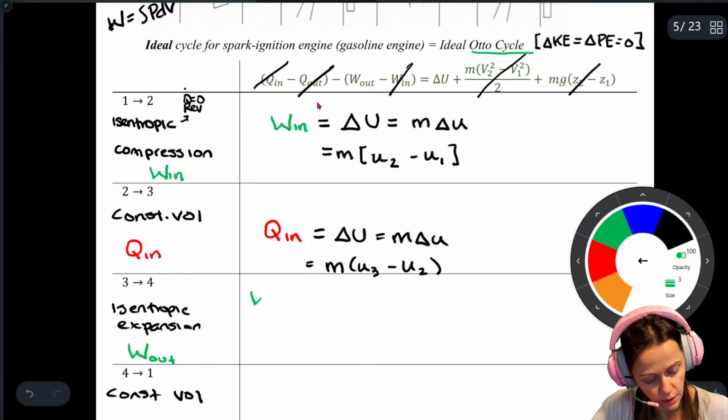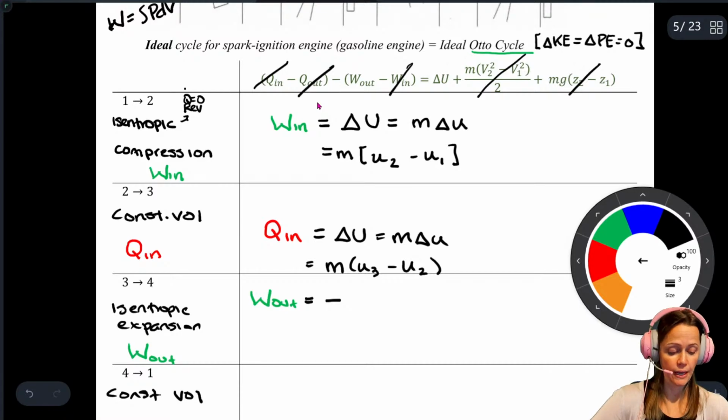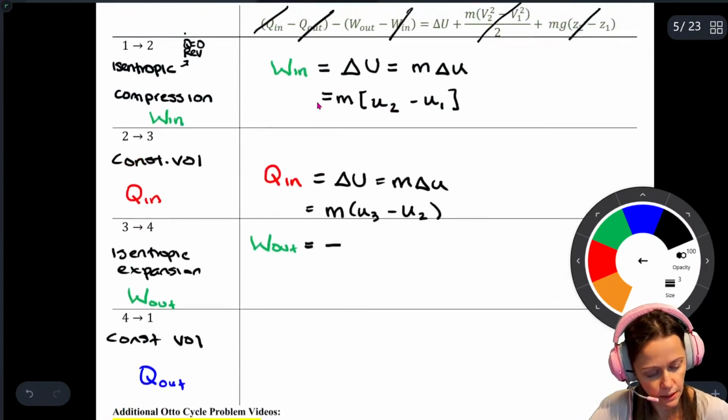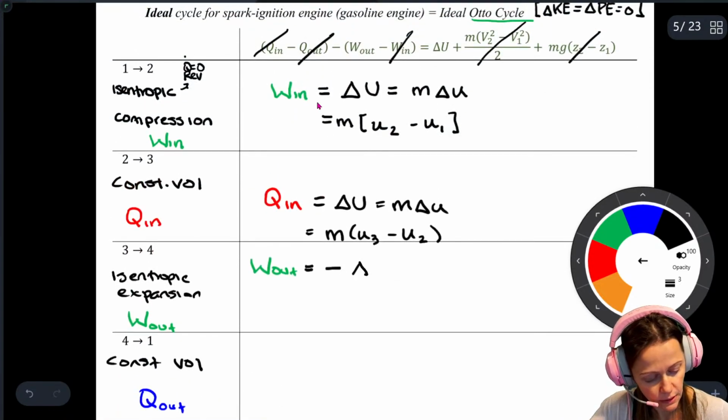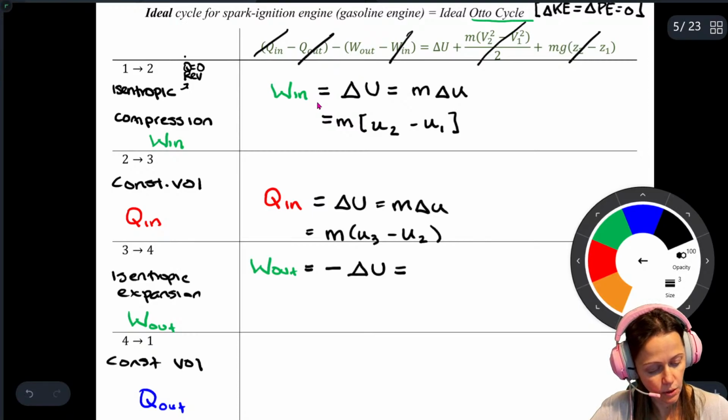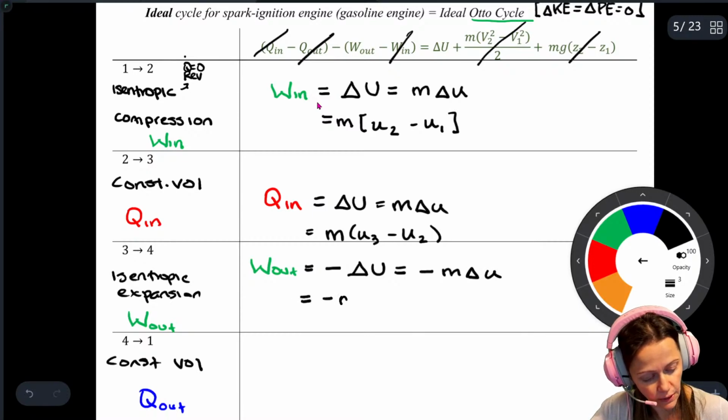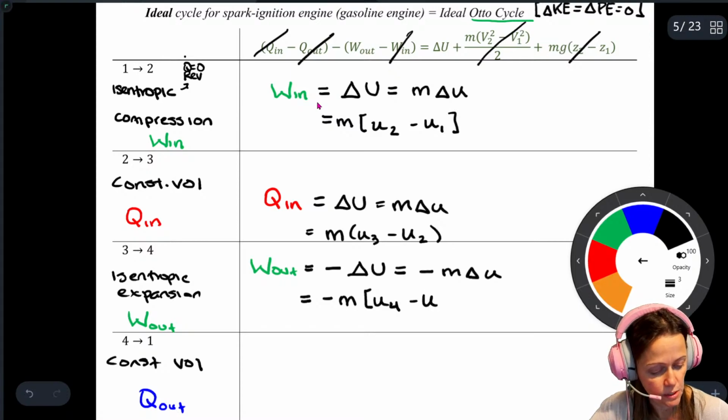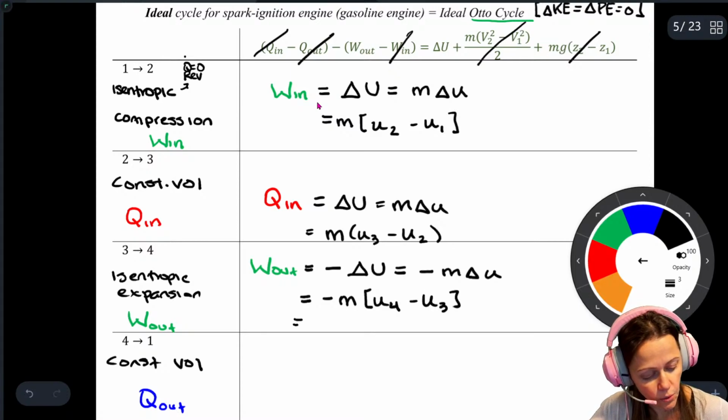So our work out is equal to negative, I'm going to redistribute that negative, a negative delta U. Negative M delta U, which would be negative M, what it is after, U4, minus what it is before, U3, or this could be just M times U3 minus U4.